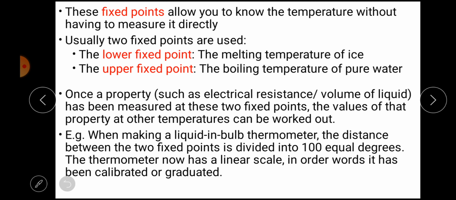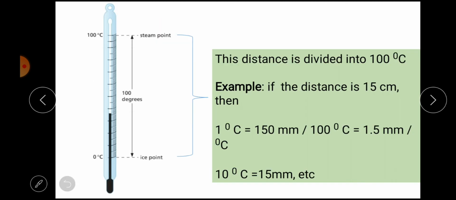Once a property such as electrical resistance or the volume of liquid has been measured at these two fixed points, the values of that property at other temperatures can be worked out. For example, when making a liquid-in-bulb thermometer, the distance between the two fixed points is divided into 100 equal degrees. The thermometer now has a linear scale. In other words, it has been calibrated.